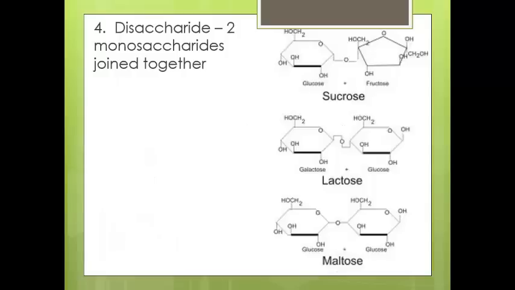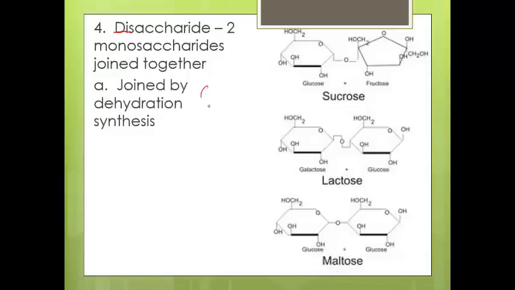Now, because we know that you can take a monomer and bond it to another monomer, we can create larger carbohydrates. And so a disaccharide, the prefix di, is 2. So you have 2 sugars that are joined together in order to create the larger sugar. And we join those by dehydration synthesis.